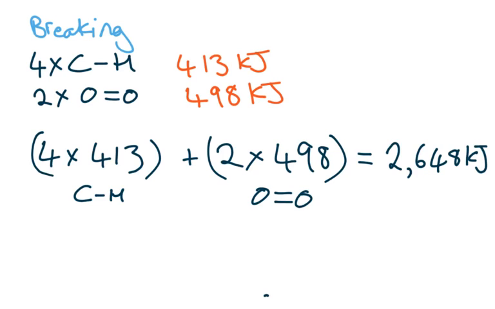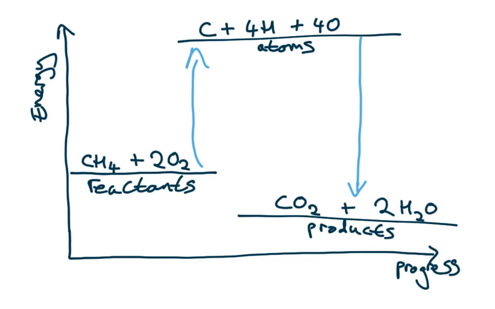So I can now go back and add on here, and let's add it in green. So I'm adding on here that I've got 2,648 kilojoules, and that is my activation energy. Now I need to look at the energy that's coming out when I make the new bonds.